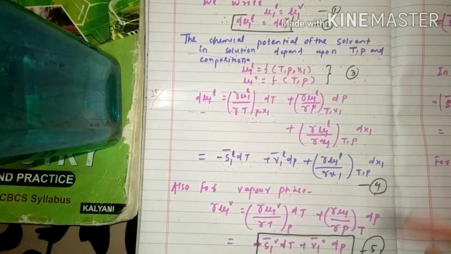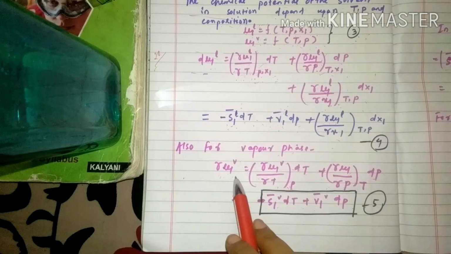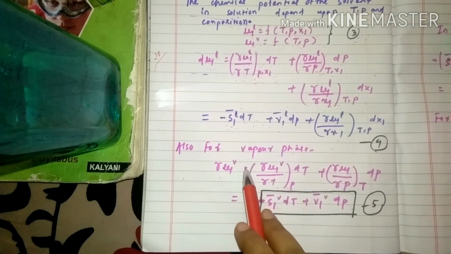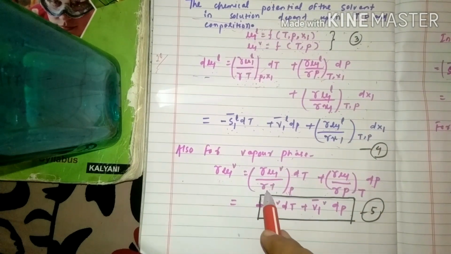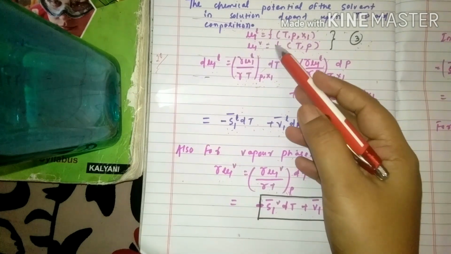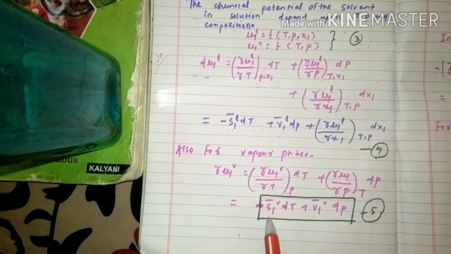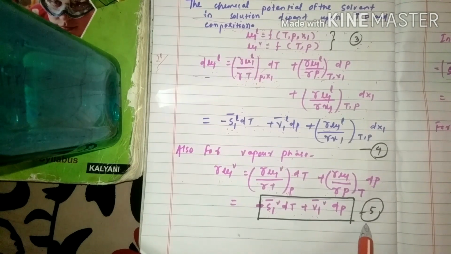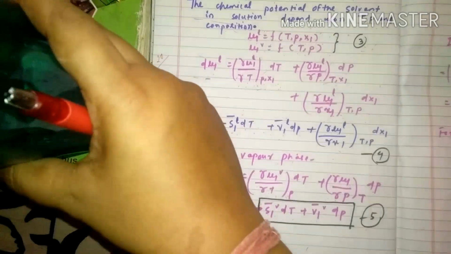Then for the vapor phase, according to equation 3, d mu1 V depends on temperature and pressure, the two factors, because mu1 vapor is a function of temperature and pressure. Then I am putting the value: S1 bar V dT plus V1 bar V dP. This is equation 5. I think all of you understood till this. Okay, then go to the next part.